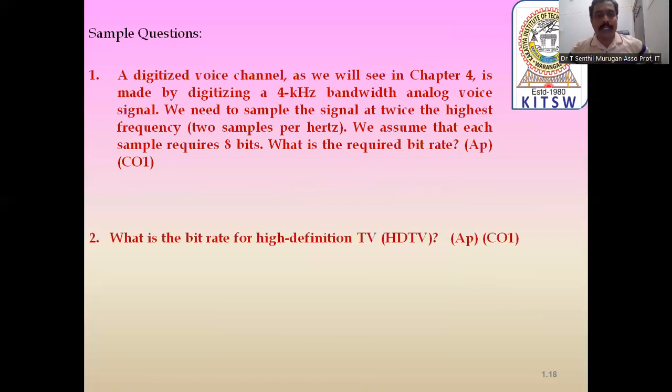Next question: what is the bit rate for high definition TV, HDTV? Normally in television we are using high pixel counts. For high definition TV, the pixel resolution normally used is 1920 into 1080.